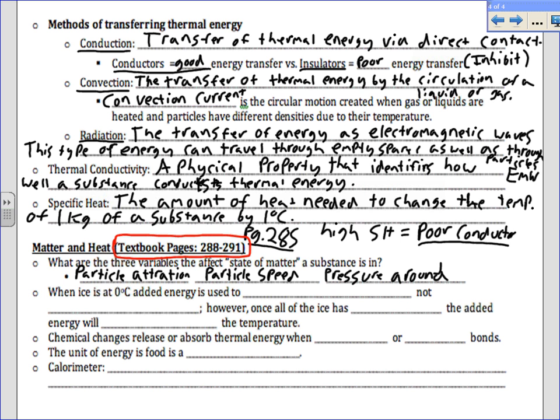When ice is at 0 degrees Celsius, added energy is used to melt the ice, not increase the temperature.